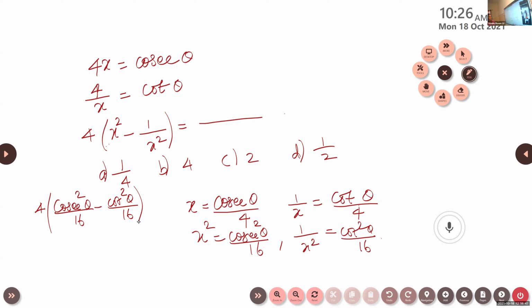Denominator is same. Which identity can you use here? Melvin, which is the identity you will be using here? Based on cosec and cot.